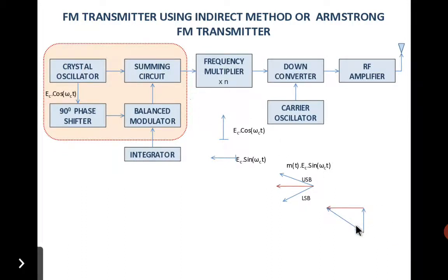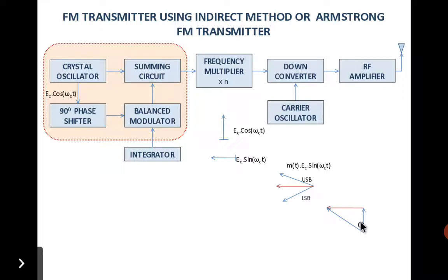Now the resultant of these two vectors makes an angle phi with the unmodulated carrier. See here, this resultant vector makes an angle phi with the unmodulated carrier. This represents the resultant of the upper sideband and lower sideband. This represents the phasor for the unmodulated carrier, and the resultant of these two vectors makes an angle phi with the unmodulated carrier signal.